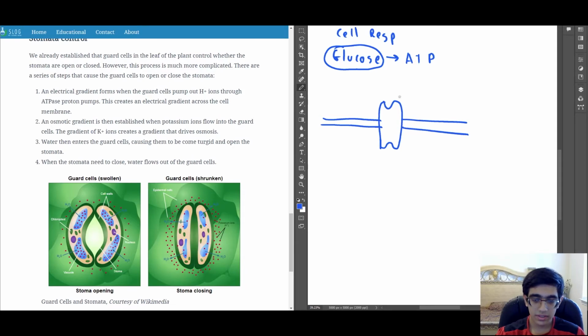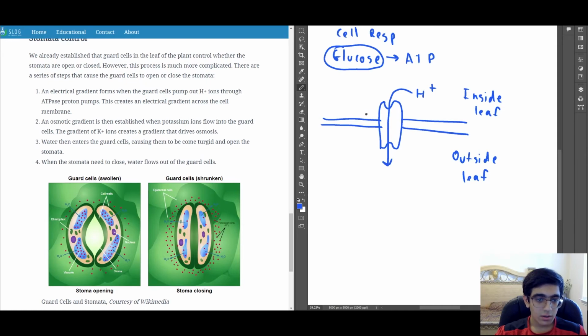What this ATPase does is it takes hydrogen ions, so this is the inside of the leaf, and this is the outside. The hydrogen ions would go outside the leaf, exiting the leaf. And that would create an electrical gradient across the cell membrane.